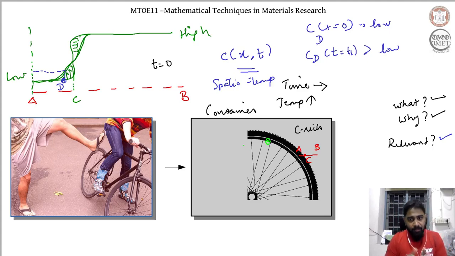When I hold my container at high temperature for a prolonged period of time, the factor that governs the amount of money I spend on this process is how long I am holding my container at high temperature. That is the only parameter that decides how much I have to spend on this process.